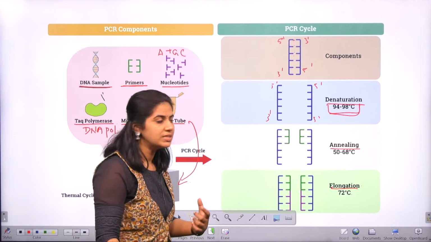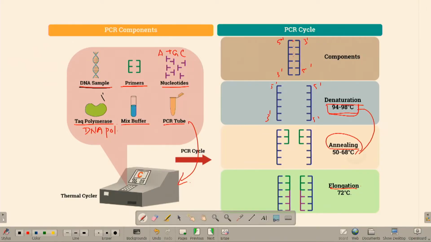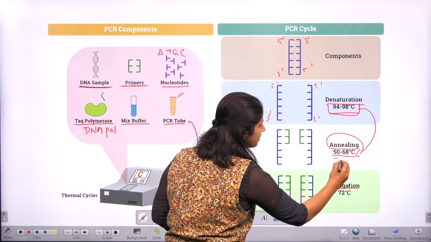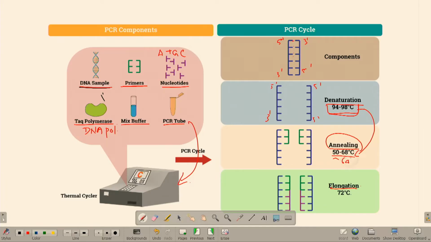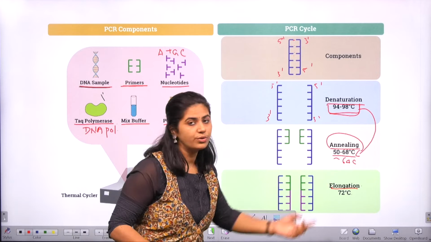Now the next step is annealing. While annealing, the temperature is reduced to 50 to 68 degrees Celsius, right? Normally the optimal temperature will be around 64 degrees Celsius. So during annealing, we reduce the temperature from around 94 degrees Celsius to 64 degrees Celsius.